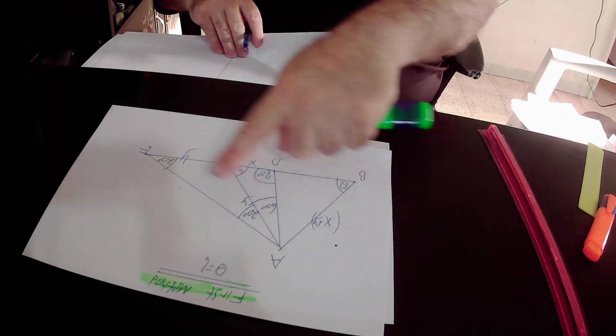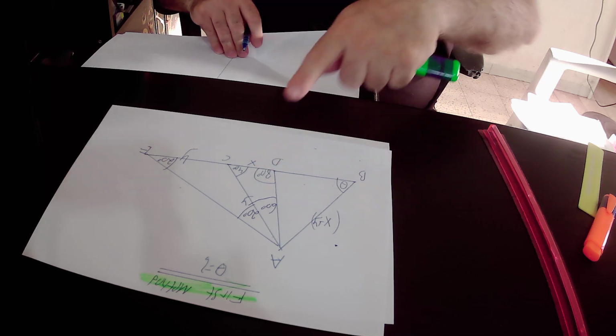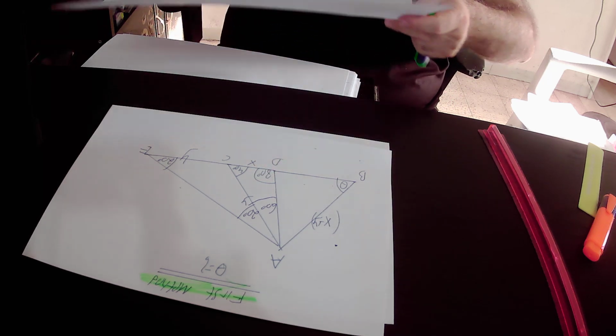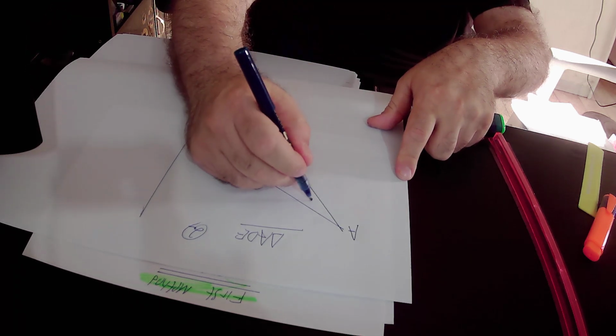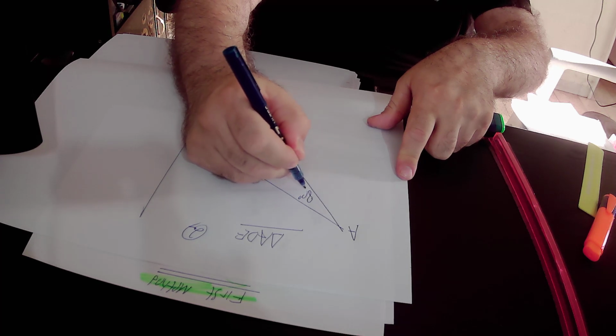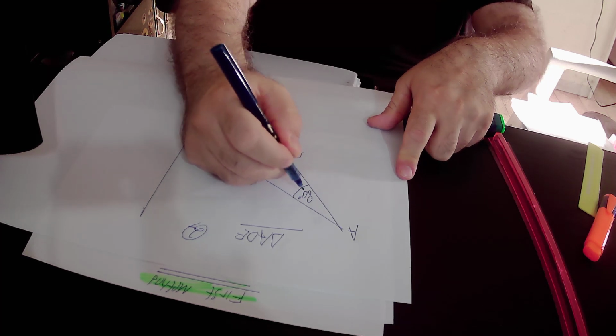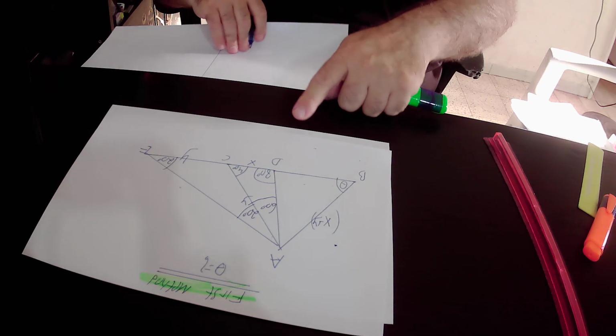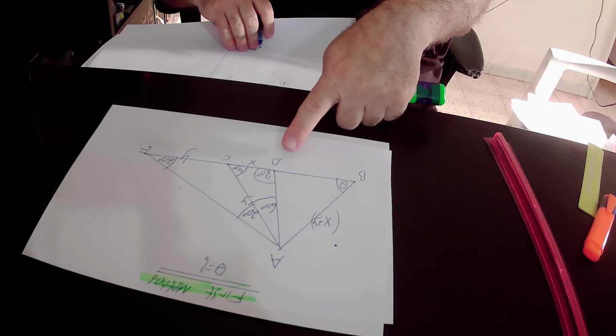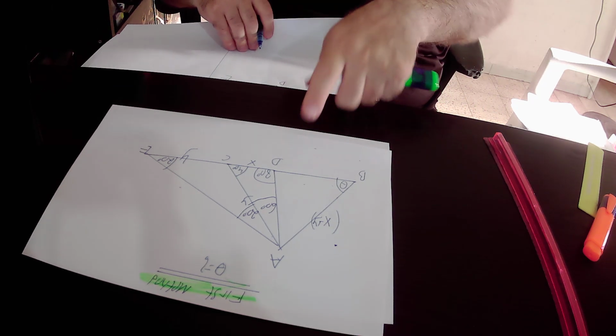Angle BAE equals 60 degrees plus 20 degrees, that is 80 degrees. This angle ADE is also equal to 80 degrees.